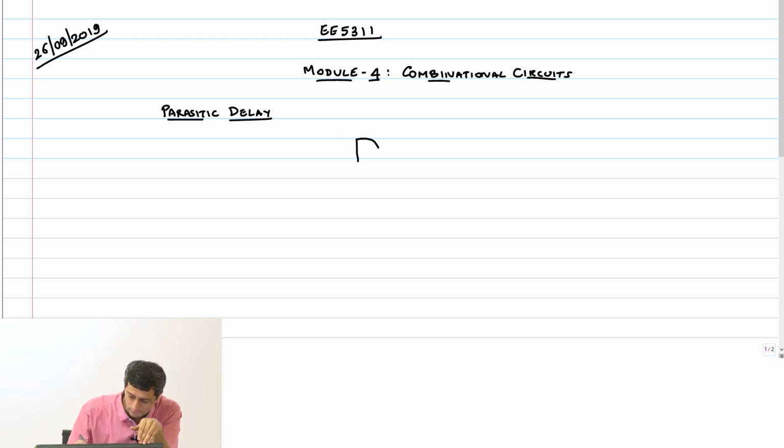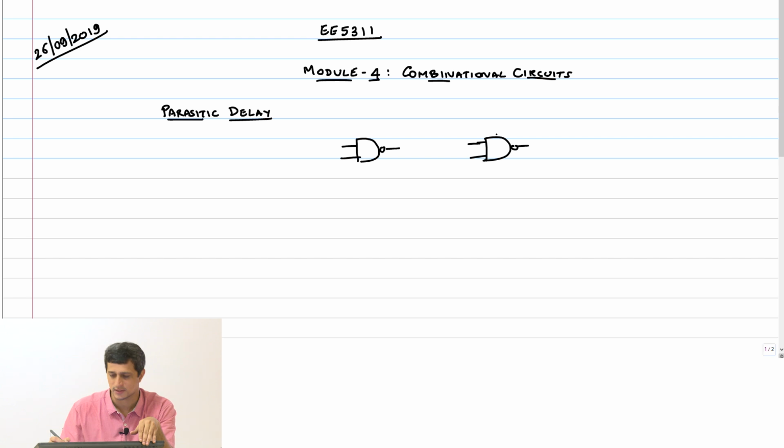If I have a unit NAND 2 gate, and then I have another NAND gate which has a drive strength of K, it means every transistor is upsized by a factor of K in this gate. What does that mean?